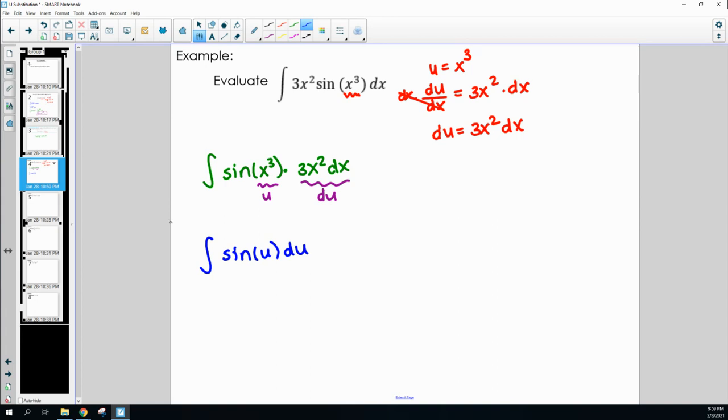Now that's something easy that I can take the antiderivative of. The antiderivative of sine of u is negative cosine of u. And it's an indefinite integral, so I put plus c. But that's not our final answer because we have to plug in our x cubed again instead of the u. So we'll have negative cosine of x cubed plus c.